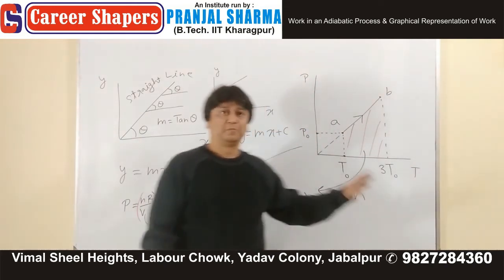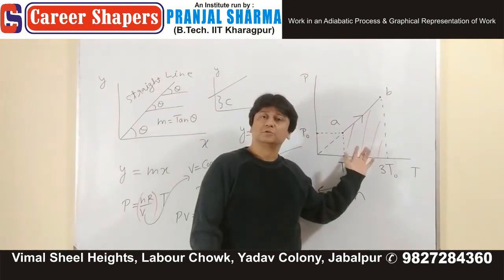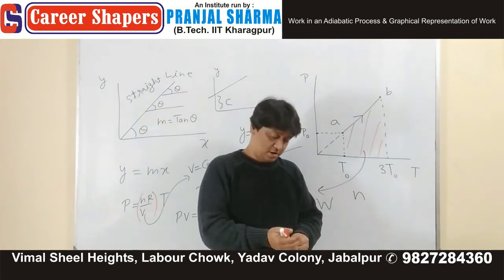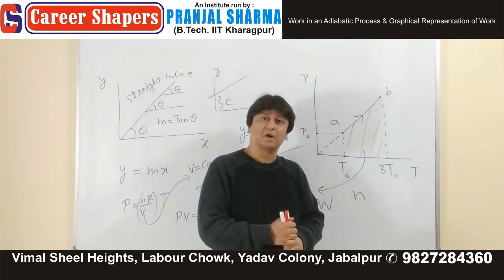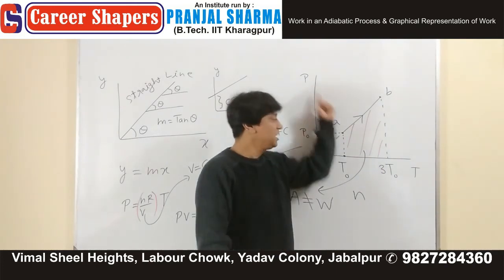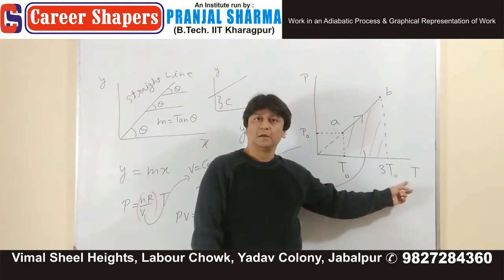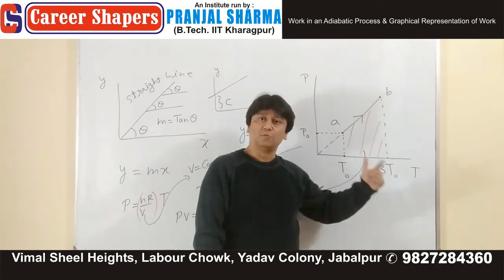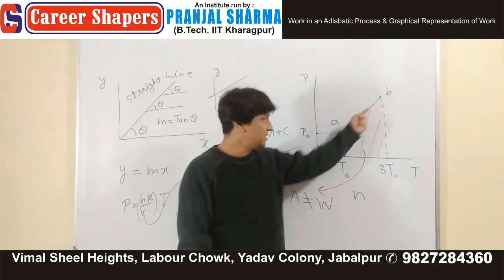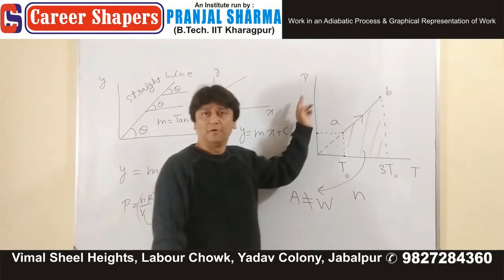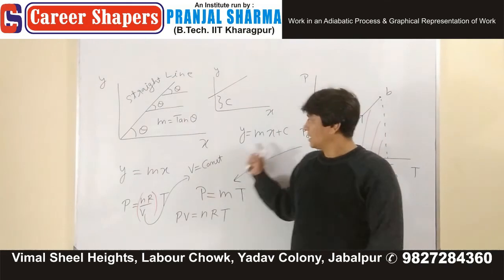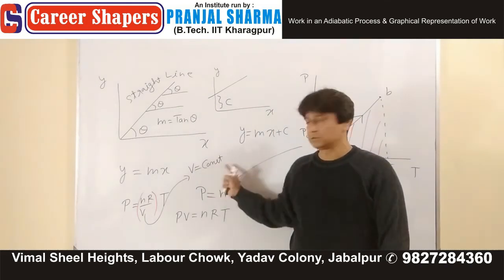So in a school examination, what will the graph look like? P versus V. In a competitive examination, what will the graph look like? P versus T. But can you see that it is even easier than that? The moment you found that the graph is passing through the origin for P and T, it is basically an isochoric process.